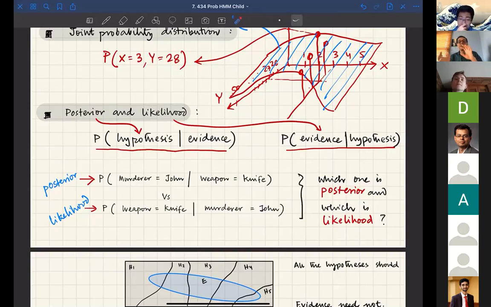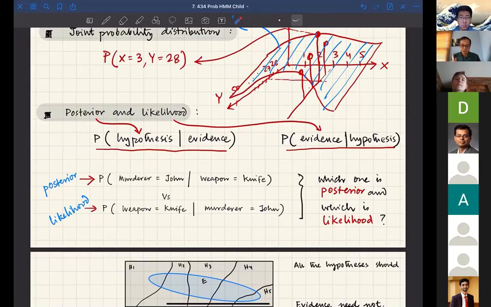Now, instead of the weapon being your goal, suppose the murderer is your goal. Suppose you know that the murderer should be someone inside this family that you figured out, and therefore the murderer should be one of John, Mary, Susan, Bob. John, Mary, Susan, Bob covers the whole hypothesis, the whole sample space. There's no one else that's possible.